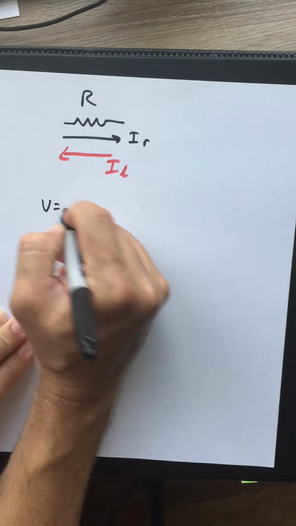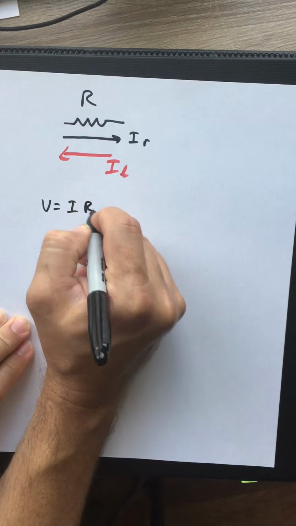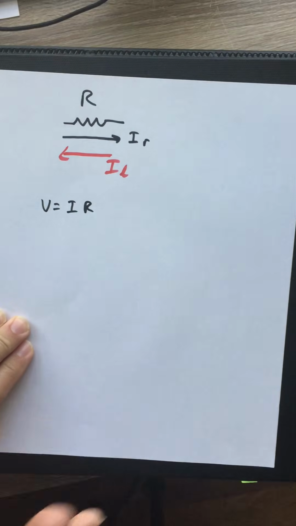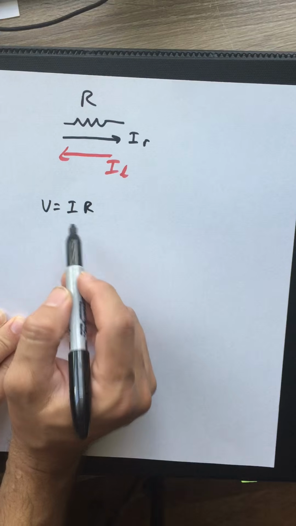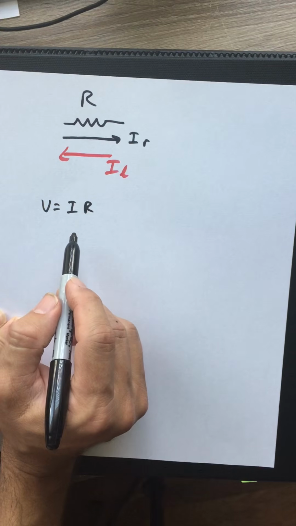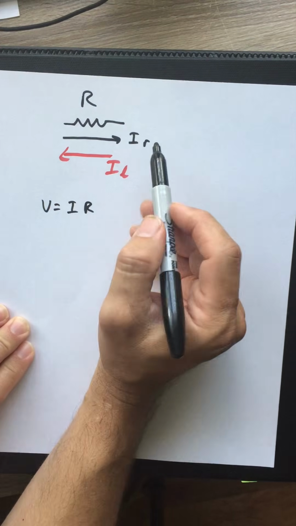We know that V is equal to IR. And furthermore, this is how I calculate the magnitude of the voltage drop. We haven't worried yet about the sign. And so here's my convention.